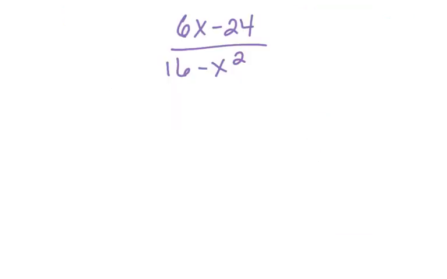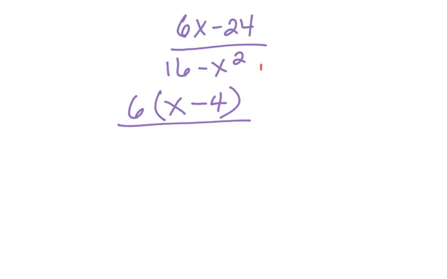All right, so I look at this, and the first thing that I see is I can take out a 6 or a negative 6 out of both of these terms. All right, so let me rewrite it. Let me take out a 6. So I'll say 6, and what do I have left? X minus 4. And what about the bottom?